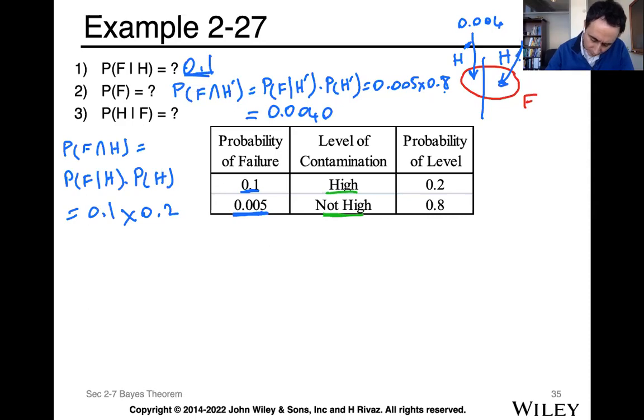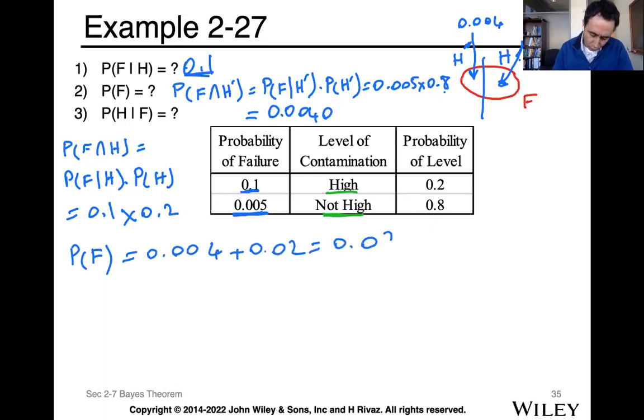So this guy here is 0.02, right? So at the end, to find the probability of failure, all I have to do is to add up those two numbers. So 0.004 plus 0.02, and that is 0.024. We already calculated this number before. That's probability of failure, right?